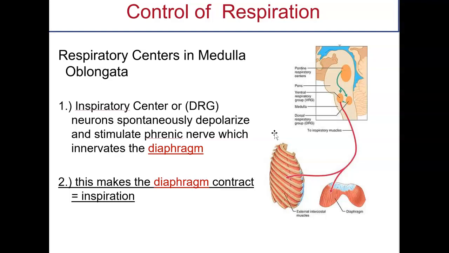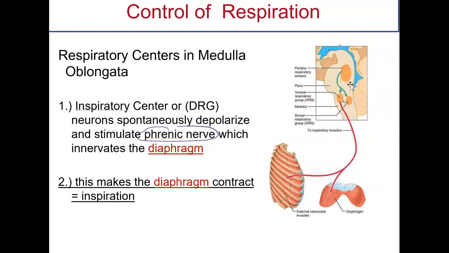So as far as what controls breathing, we mentioned already the diaphragm, right? The active phase is when it contracts, and we know that the phrenic nerve is the nerve that brings that information down to the diaphragm. Now, there are several respiratory centers, and depending on what book you read, you will see different names. In fact, this picture came from a different book.